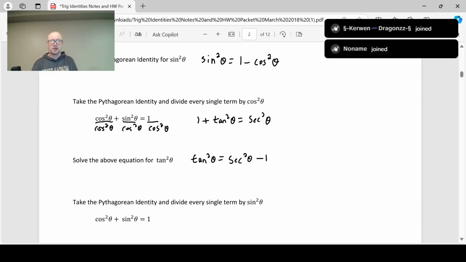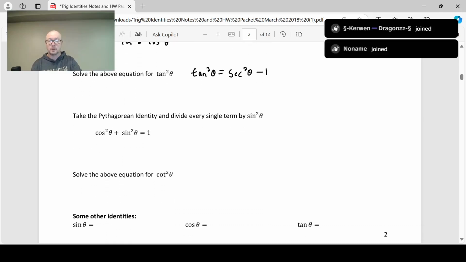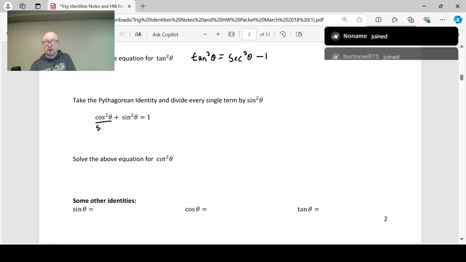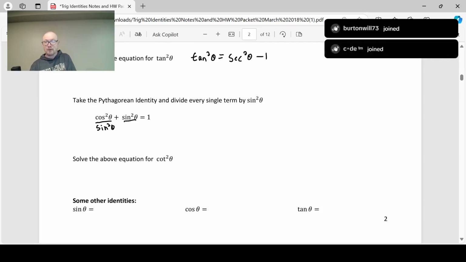So again, these are some other things that you can use when you are simplifying trig identities. All right, same thing here. We're going to divide now by sine squared theta and come up with another identity. So if I divide everything by sine squared theta, I would get cosine over sine, cotangent, so I get cotangent squared theta plus sine squared theta divided by sine squared theta, which is 1, is equal to 1 over sine squared theta, and that would be the same thing as cosecant squared theta.